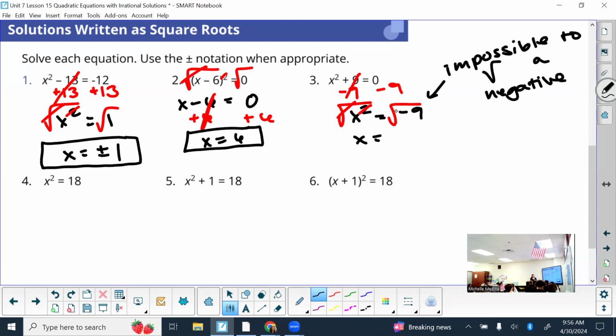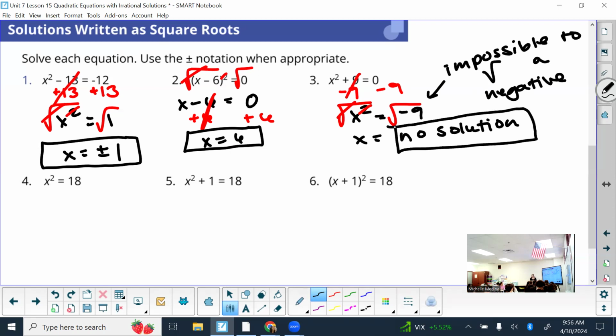Therefore, when you see that in your problem solving, you have no solution. You can stop at that point if it tries to make you square root a negative. So no solution for number 3. 2 solutions, 1 solution, no solution.